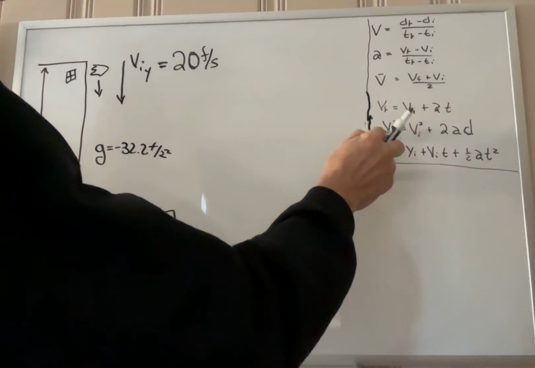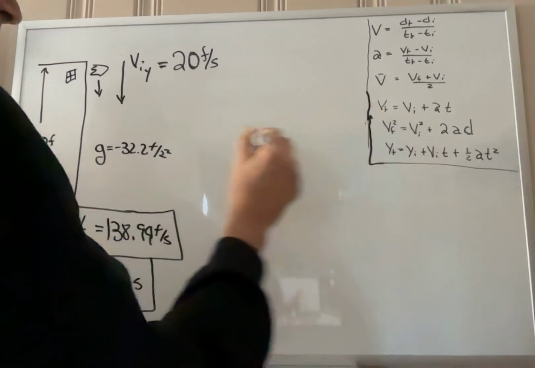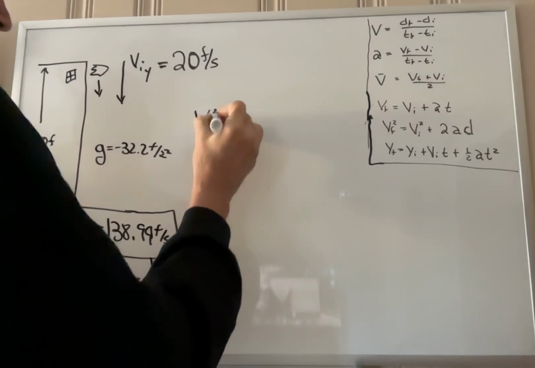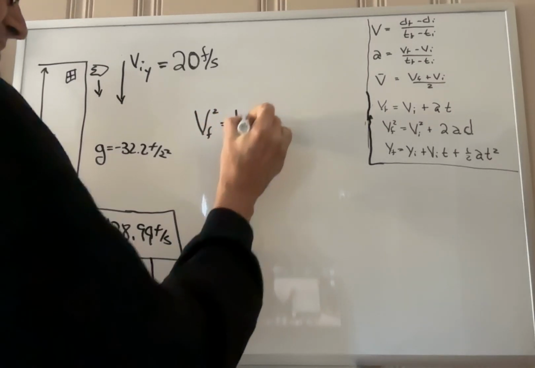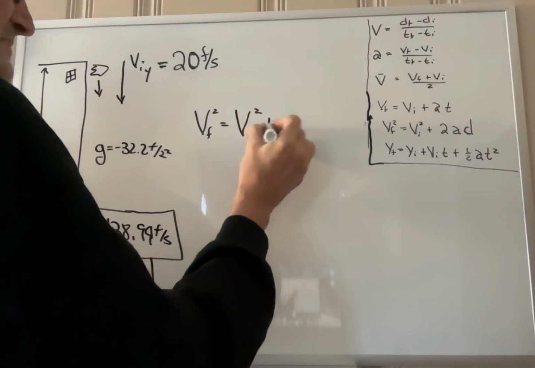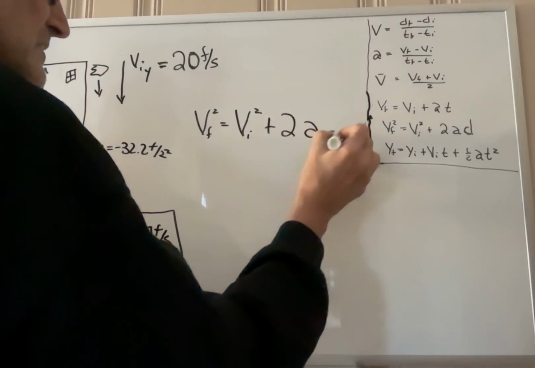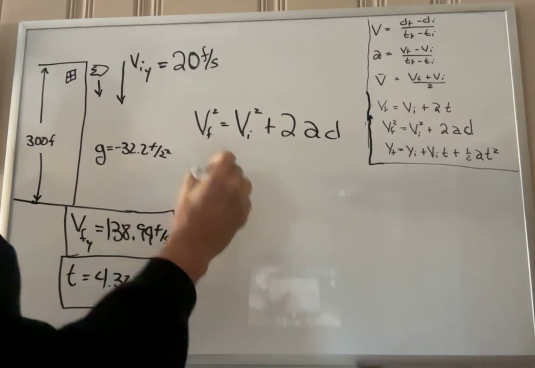So again, we're going to use this equation. My velocity final squared is going to be equal to my velocity initial squared plus 2 times the acceleration times the distance. I'm looking for velocity final.